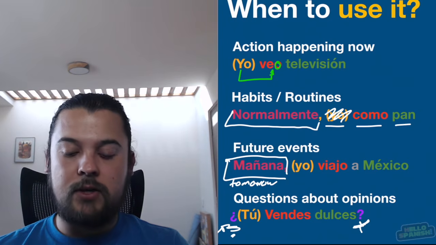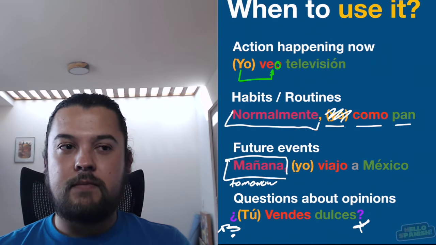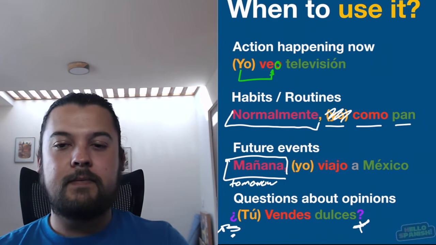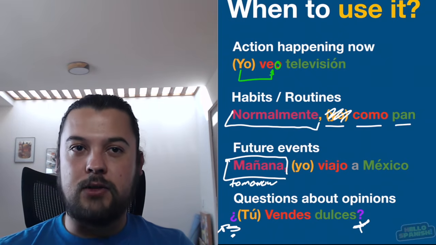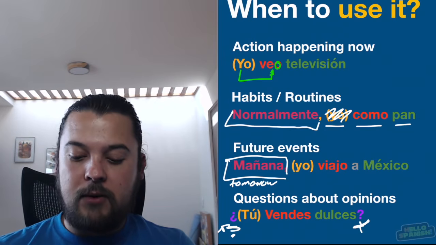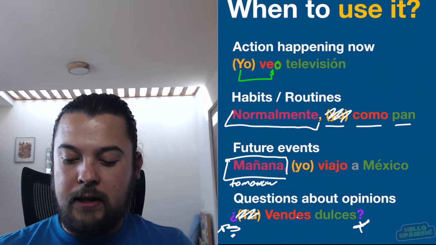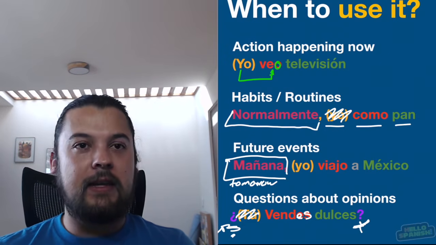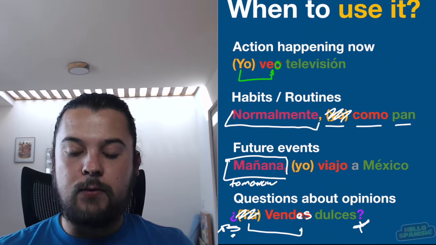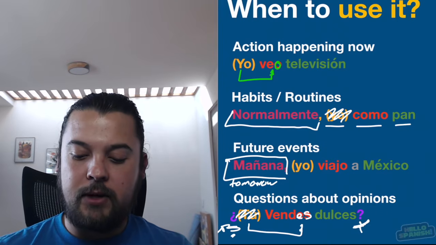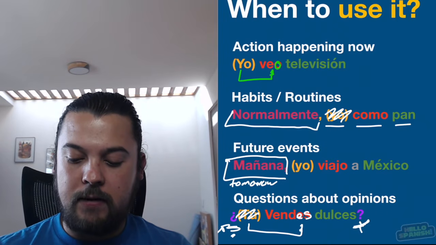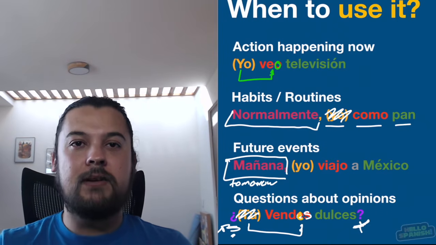So with the question marks, you need to change the intonation, but without them, it's just a statement. Now, once again, we don't need the tú because we have the es form, and the es stands for the usted form, right? So we know that vender is an er verb because it has an e. Okay.